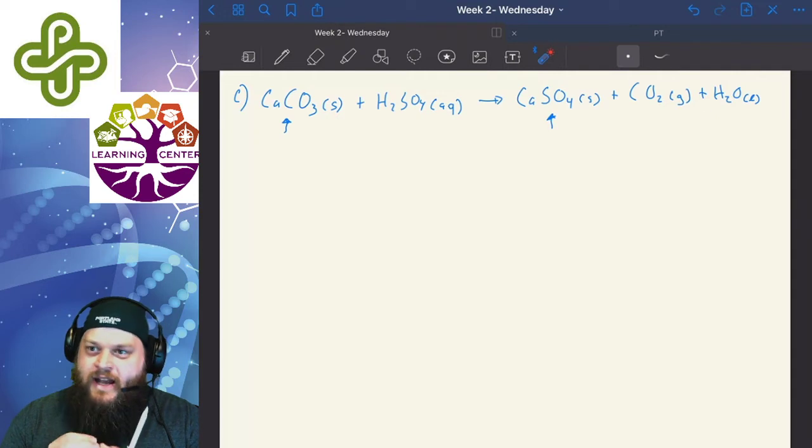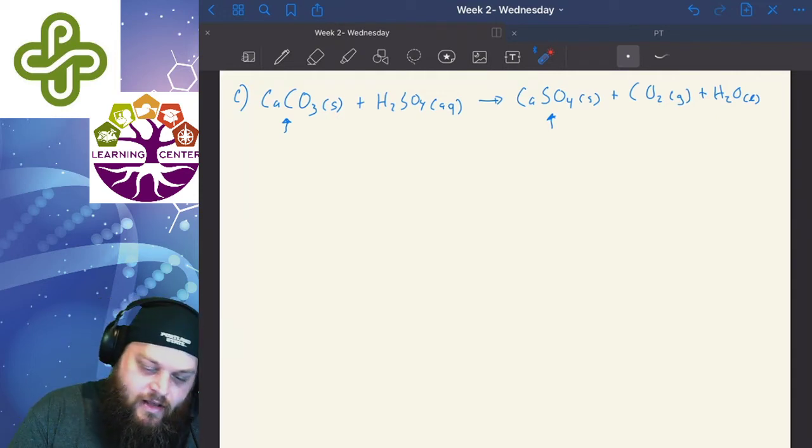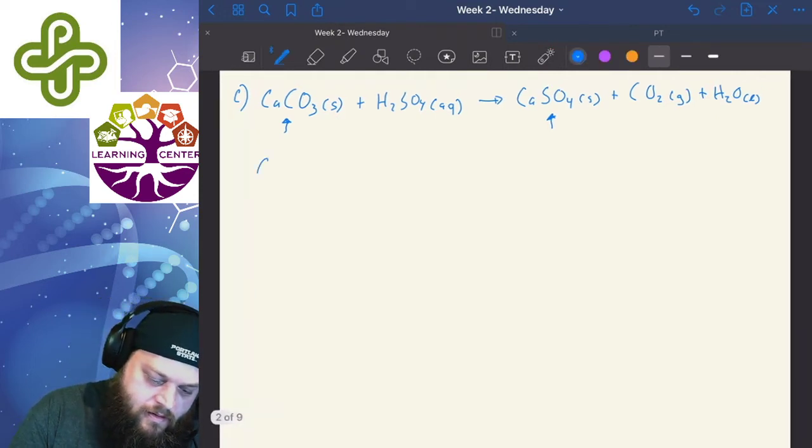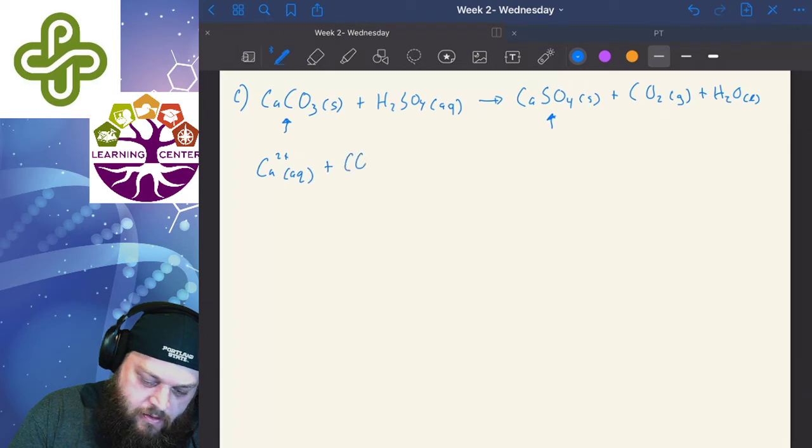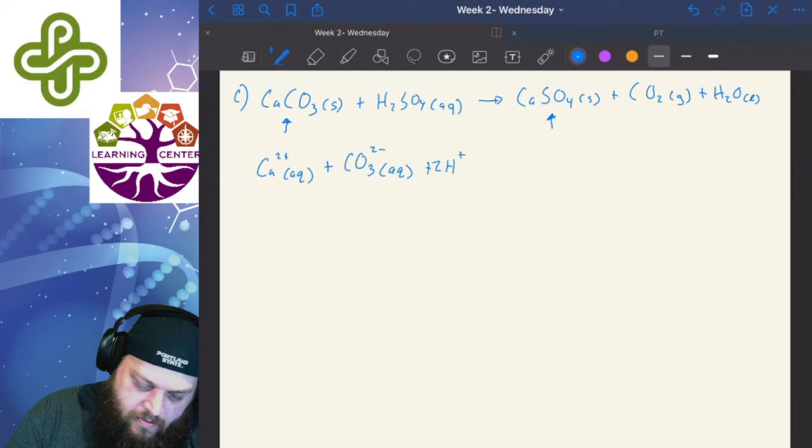And when that tiny bit of it does dissociate, it becomes this calcium 2 plus aqueous plus CO3 2 minus aqueous, plus our hydrogens, they're going to dissociate. Oops, 2 up front, 2H plus aqueous, plus our sulfate.